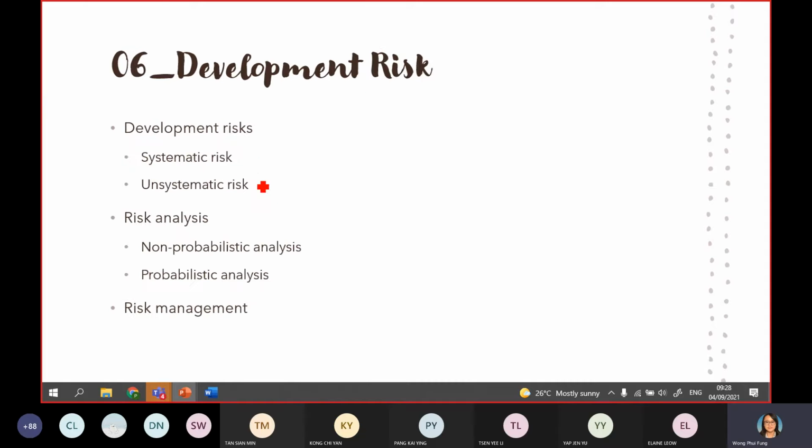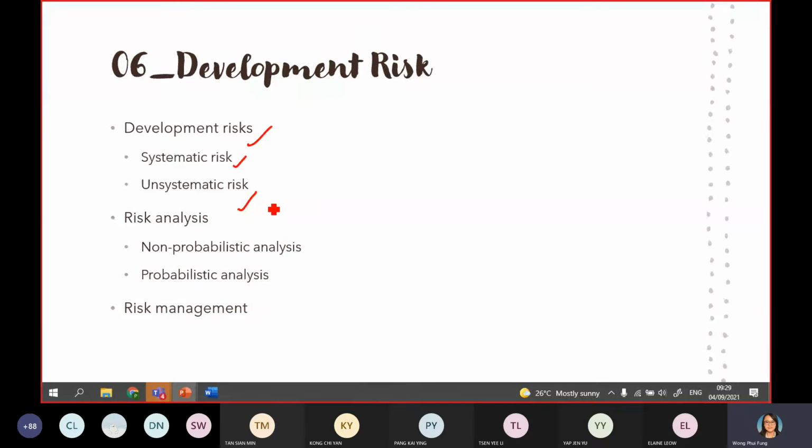Then after that, I introduced the development risk. For a project, definitely there are many types of risks. So I introduced to you systematic risk. Systematic risk means the risk that will affect all types of property. Unsystematic risk we call project specific risk, which means that something happens which will affect the project only.